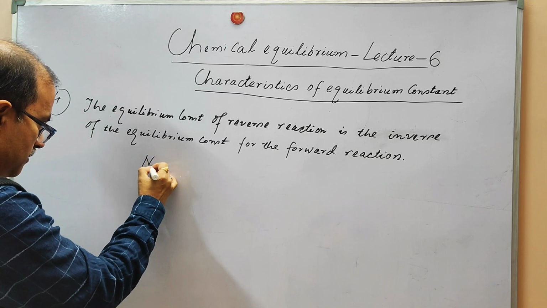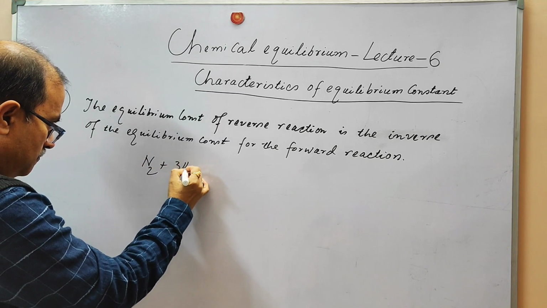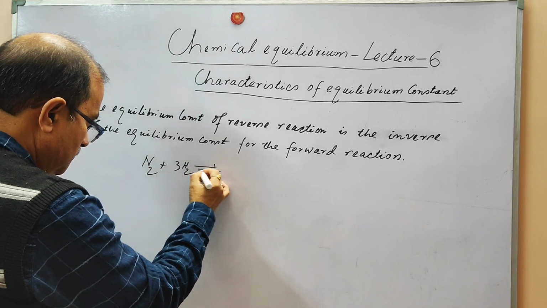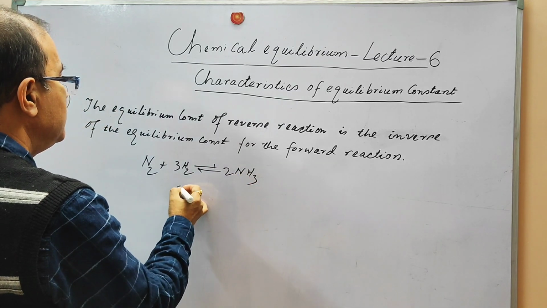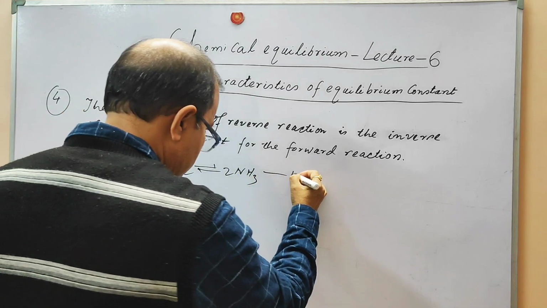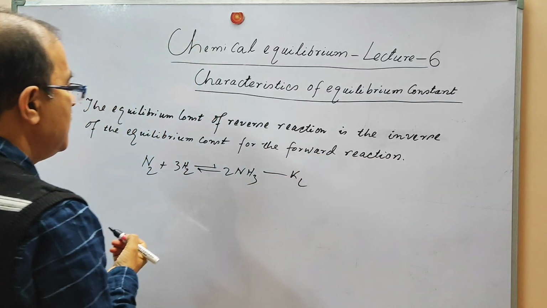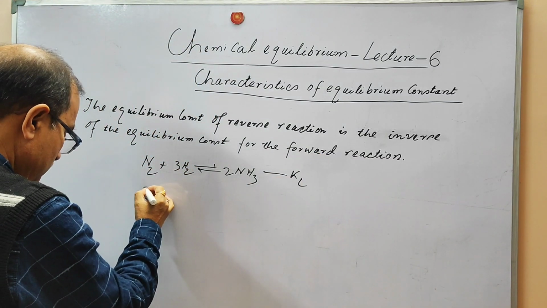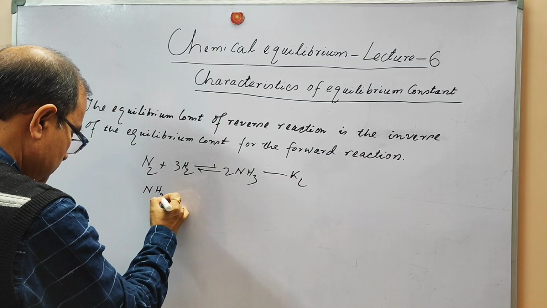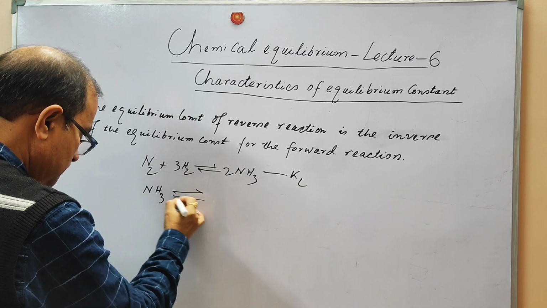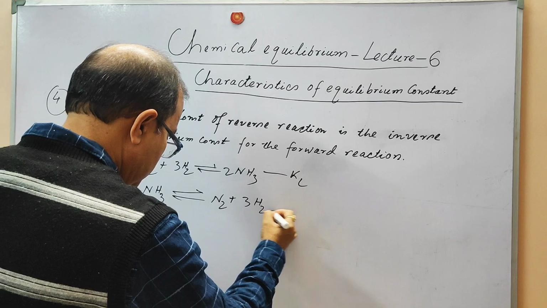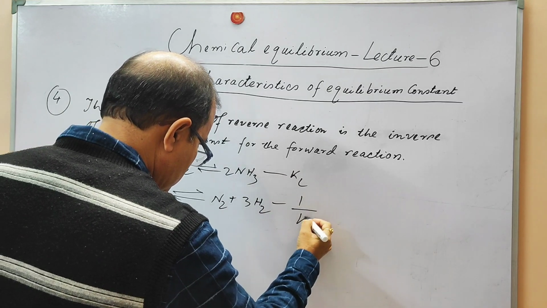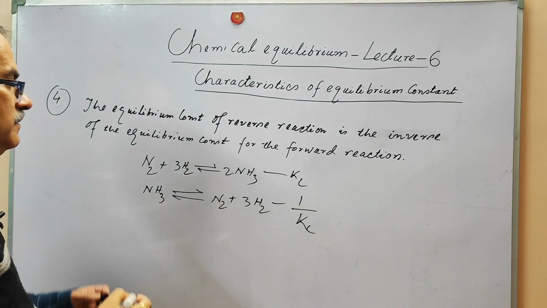Suppose this is the equation, it will have the equilibrium constant Kc. Now the reverse reaction is this, and its equilibrium constant will be 1 by Kc.